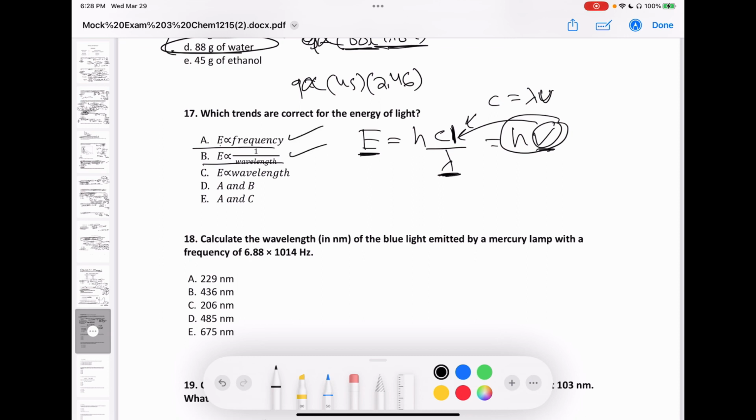If we look at answer choice C, energy is directly proportional to wavelength. That's not correct, because in actuality E is proportional to 1 over wavelength, so definitely not that. The answer choice is D, which is A and B.